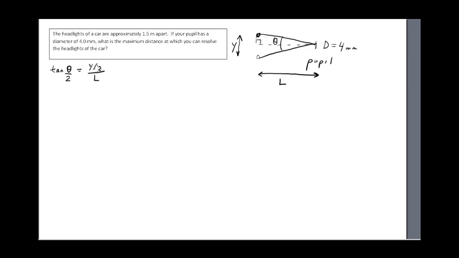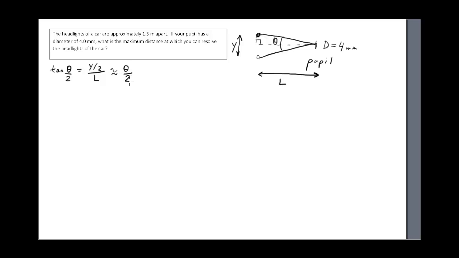And as usual in these kinds of problems, we assume that you are really far away from these two objects because you're trying to find the maximum distance at which you can resolve them. So we'll take the tangent of the angle as being approximately the same as the angle itself.